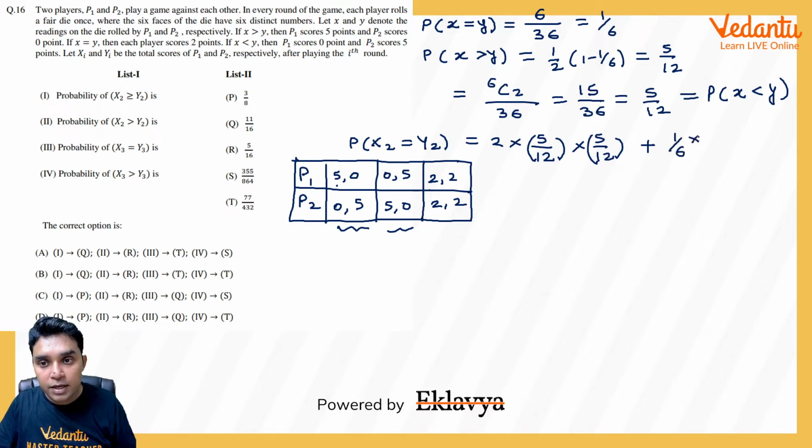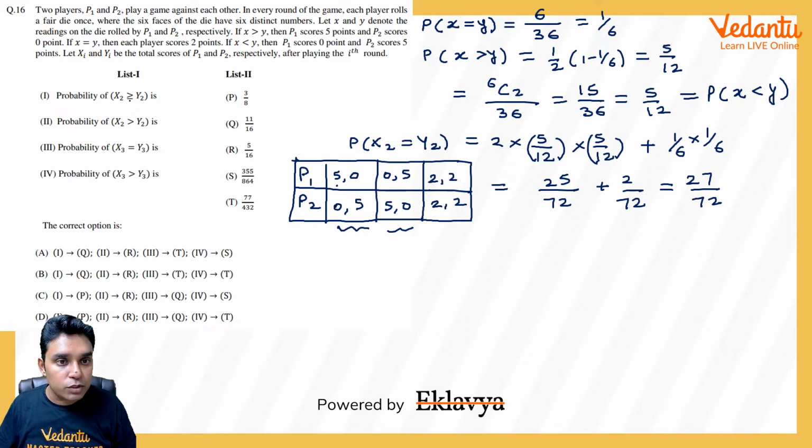So 1 by 6 into 1 by 6. So this is what we get for when X2 is equal to Y2. So it will be, you can check, 25 upon, I think 72, plus I can write this as 2 upon 72. So that will become equal to 27 upon 72. So this is the probability of X2 equal to Y2.